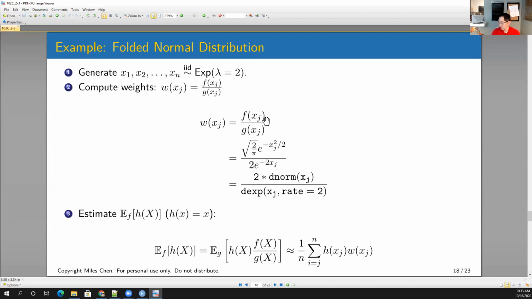We're going to calculate these weights, which we can do using dnorm and dexp, and then we're going to estimate this quantity. In our case, h of x is just x because we just want the expected value. It's basically the mean of h(x), which is just x in our case, multiplied by the weights.